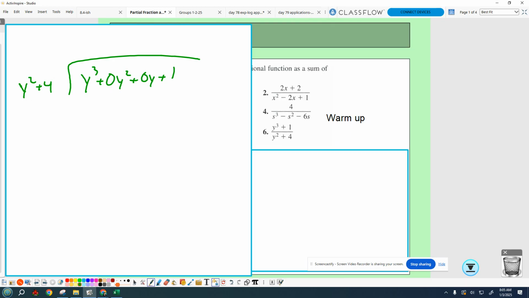So, Flair and Zach. Flair, since Zach wasn't here yesterday, can you tell us the first step? How many times does y squared go into y cubed? So just one. Just one y, and then multiply that y throughout y squared plus 4, and then subtract.